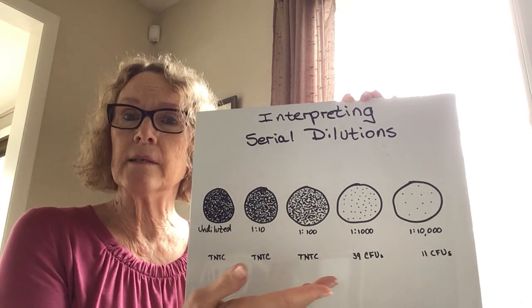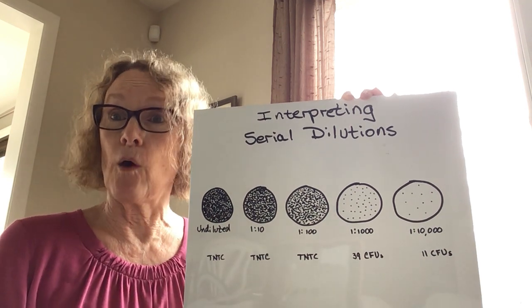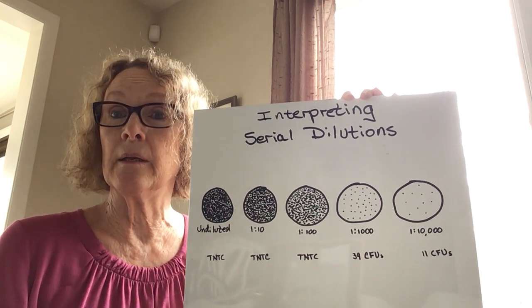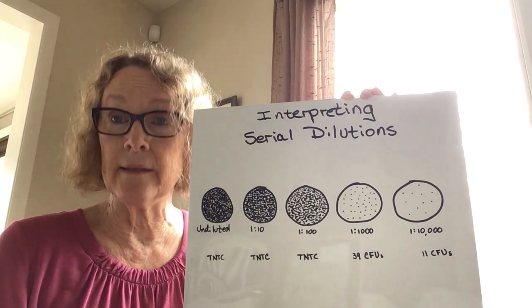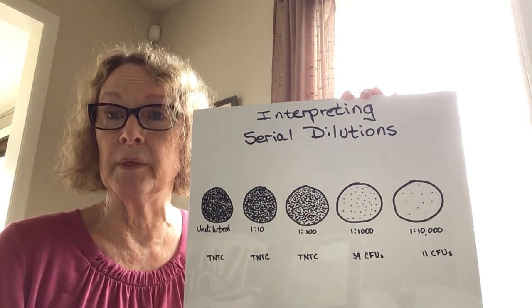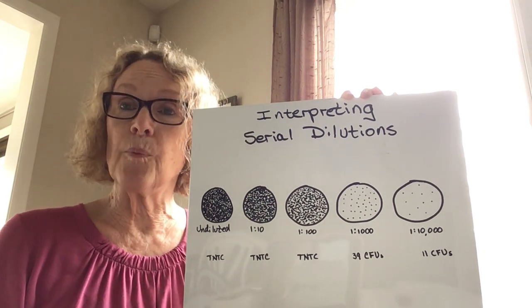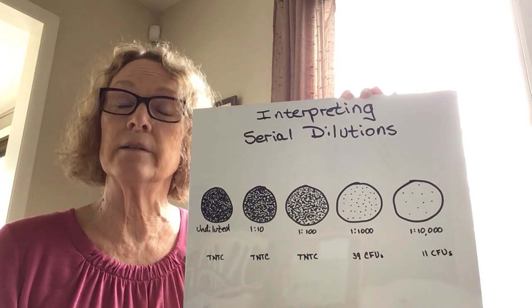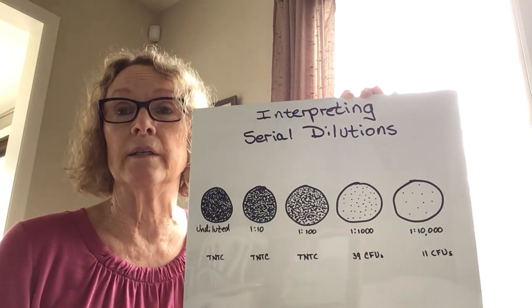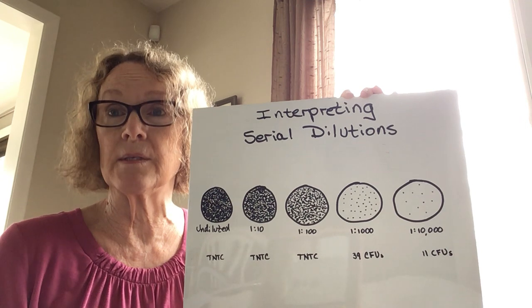Now, which is the plate that we go by to determine how many organisms were in that original milliliter of milk? Because that's the whole point of doing this, right? We wanted to know how many organisms were in that milk sample.